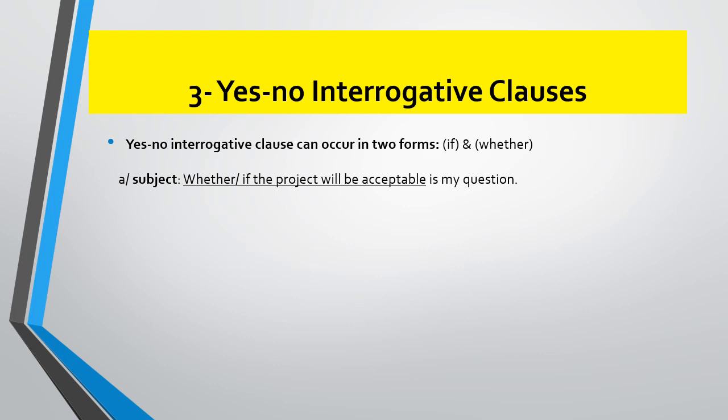We distinguish its type. If I ask you about the type and function of the underlined phrase, you tell me it is a nominal clause. The type is yes-no interrogative clause. The function is subject.